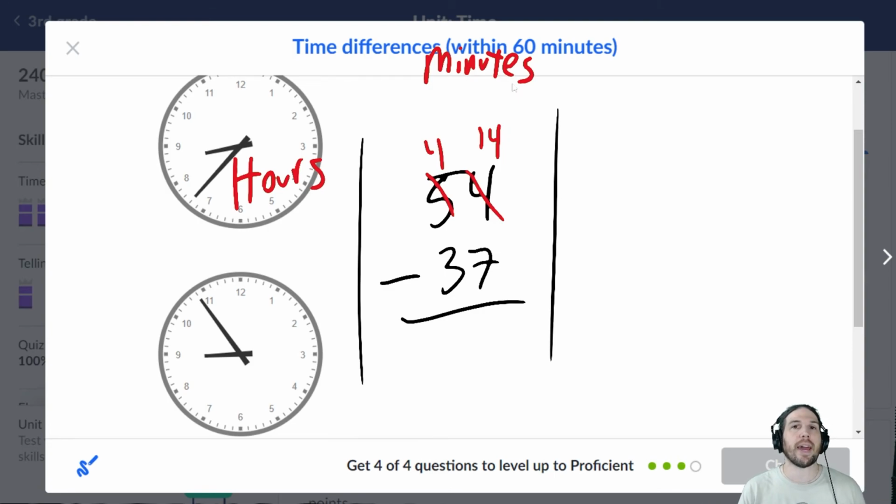That 60 is when we have to change hours into minutes. Minutes themselves, we can continue adding if we wanted, right? You can have 75 minutes, but if you want to change that into hours, you have to do it in 60s, is the idea. So we end up with 17 minutes.